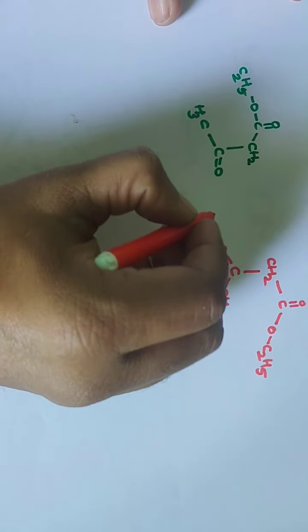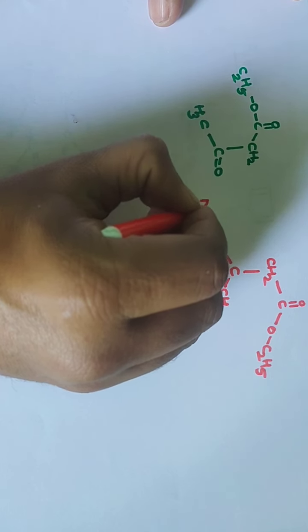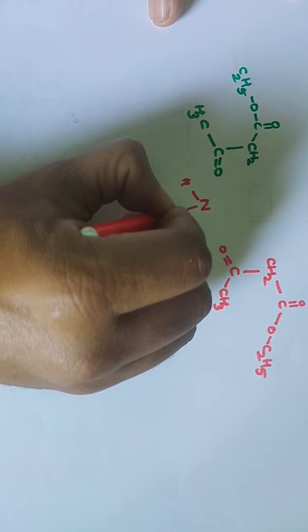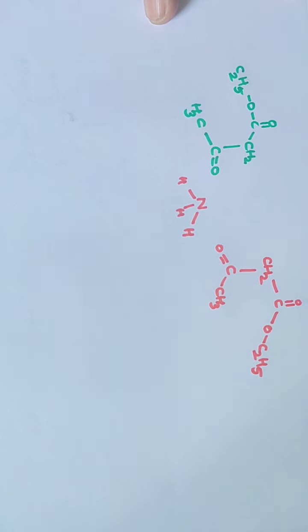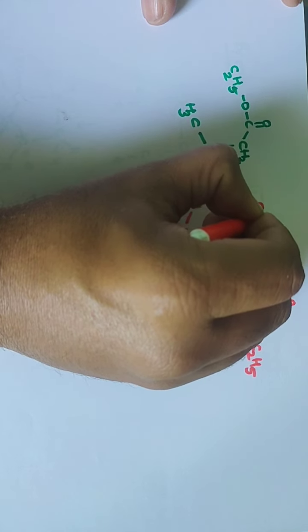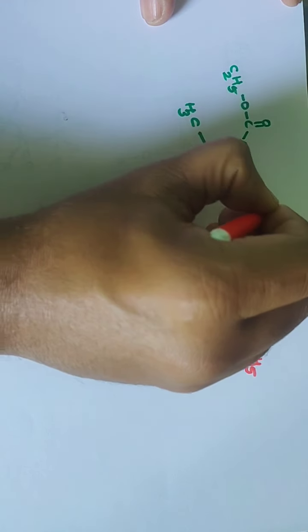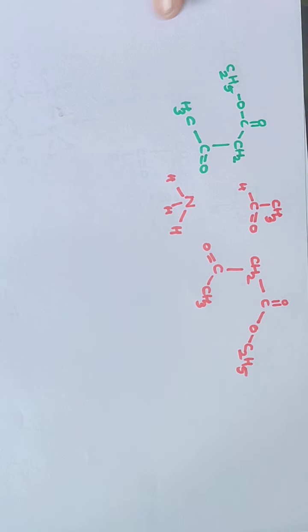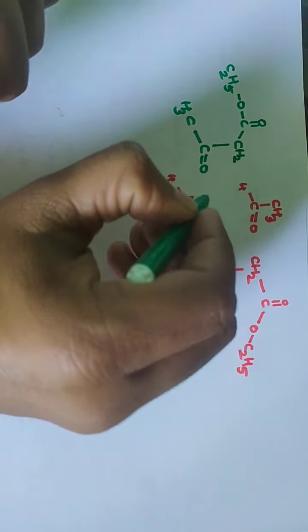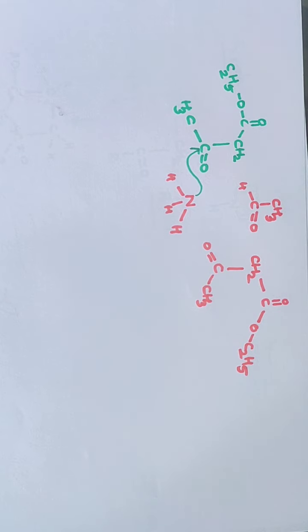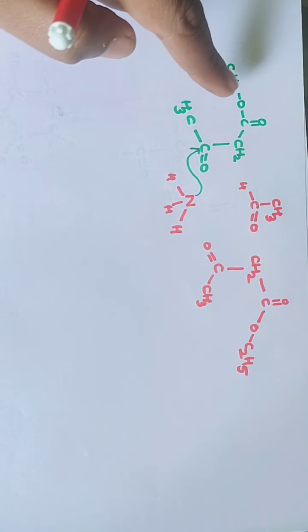Now what happens is we have ammonia, NH3, and we have acetaldehyde, CH3CHO. This ammonia attacks this carbon and forms a bond, a condensation product.